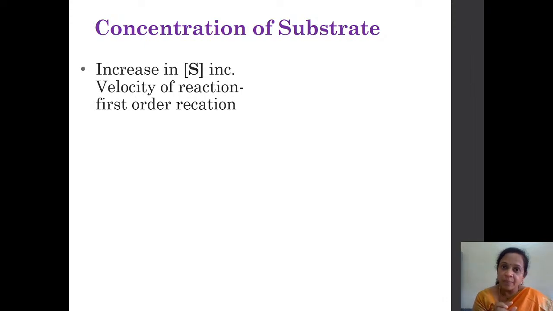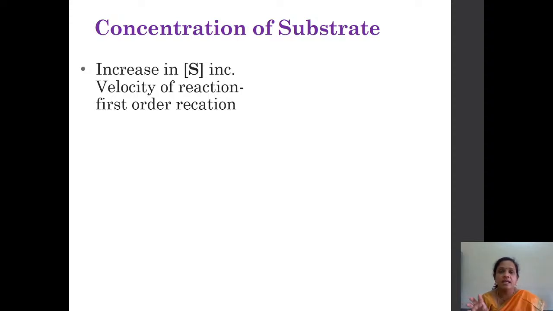The product will not be formed immediately; it will form a complex called the enzyme substrate complex. Then that enzyme substrate complex will split and form enzyme and a product. So write an equation: E plus S gives ES, and once again that splits to form E plus P.